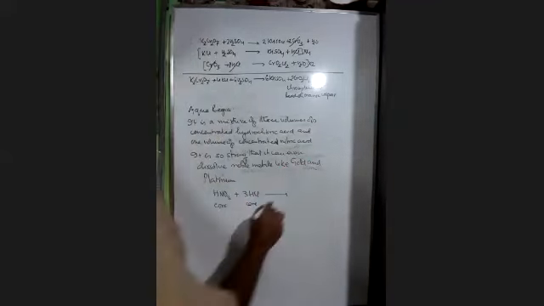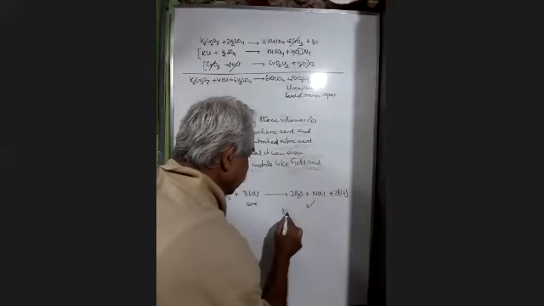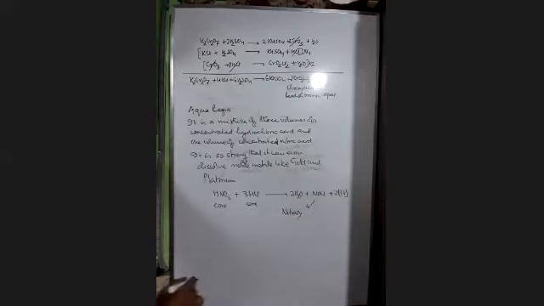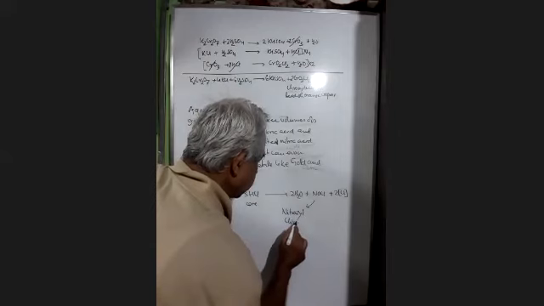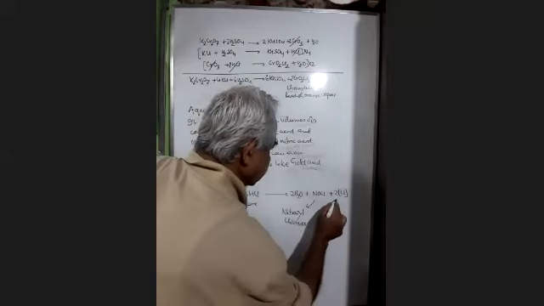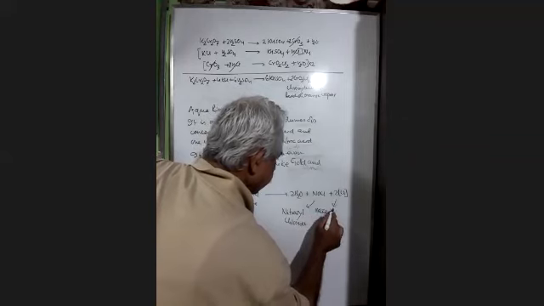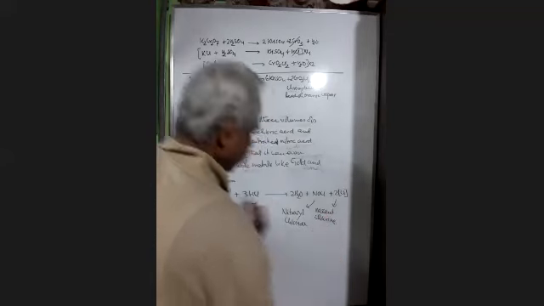It gives not chlorine molecule, it gives you chlorine atom, which you call nascent chlorine. What is the name of this NOCl? It is called nitrosyl chloride. And this is nascent chlorine.